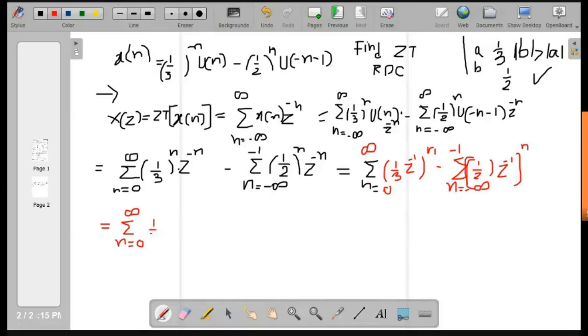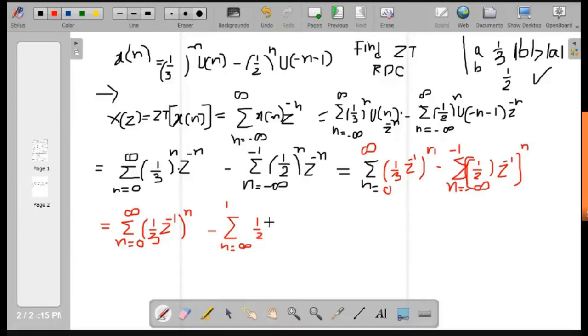I'm finding it a bit difficult to write this. Mobile is discharged, so I could not have my webcam on. Minus. Now I will change my limits, the polarities will be changed, so it's infinity to 1.